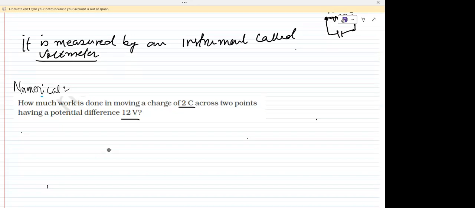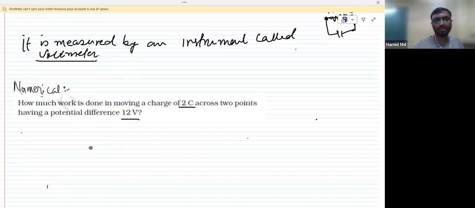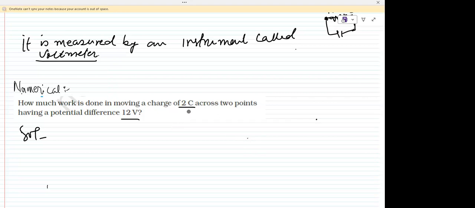Madhya, can you solve this problem? I will try, sir.